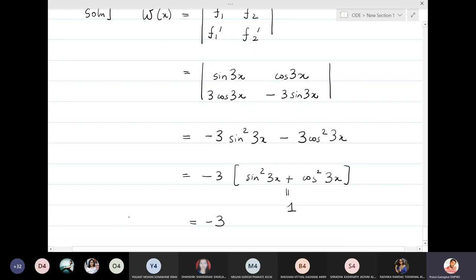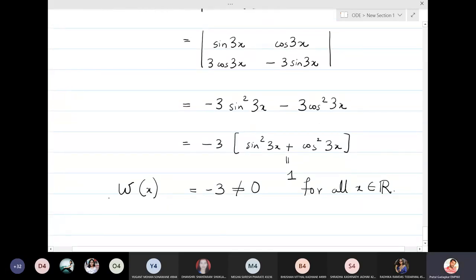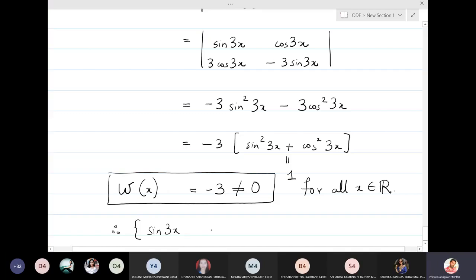So again here the Wronskian of x is minus 3, which is not equal to 0 for all x. So this means that the two functions, sine 3x and cos 3x, are linearly independent. Therefore the set sine 3x and cos 3x is a linearly independent set.